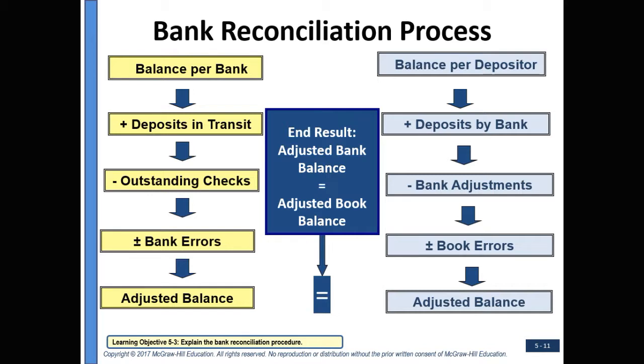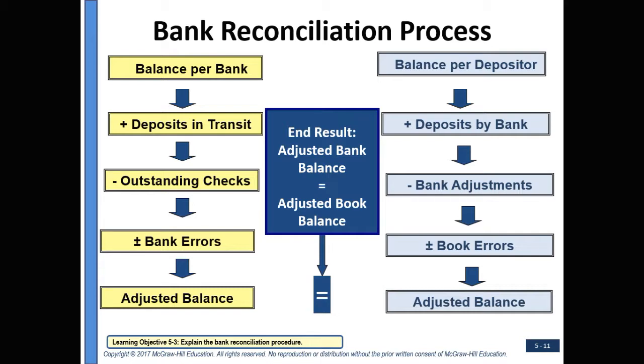We then do a reconciliation for the accounting cash account, and we begin with the balance per the company's cash account as of the date of the bank statement. We add deposits that are made by the bank. So this could be things like credit memos for interest earned on the account or cash payments received by the bank on our behalf.